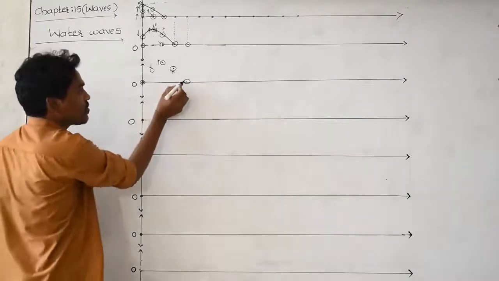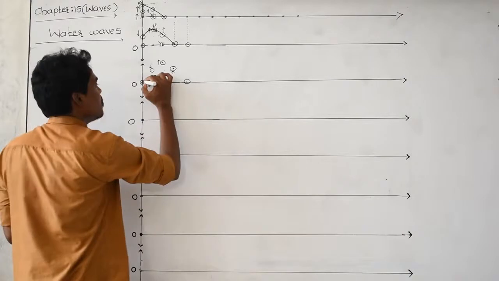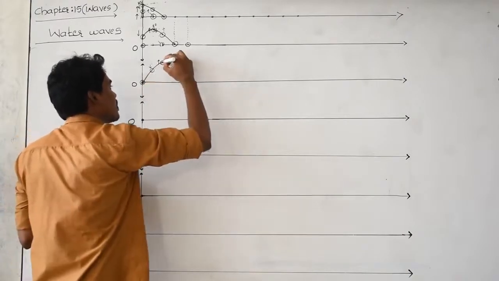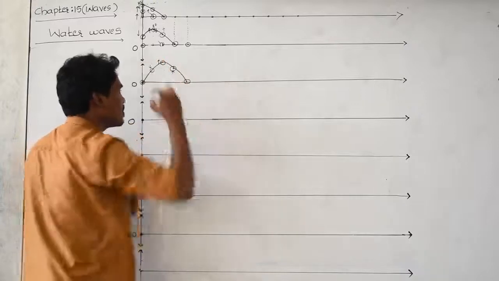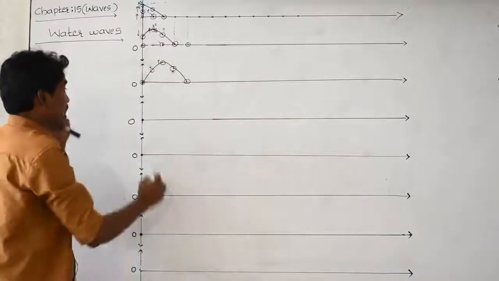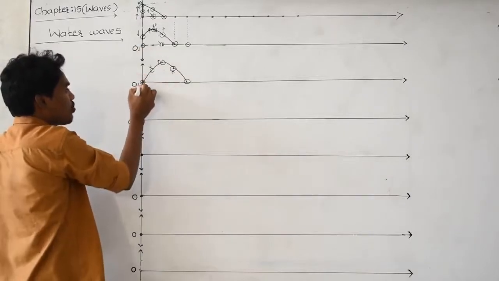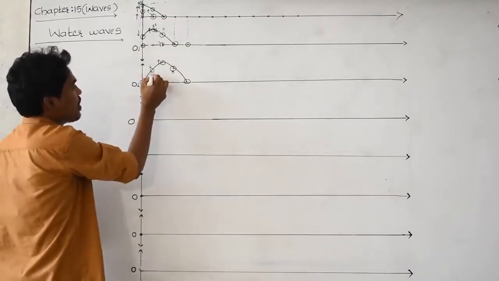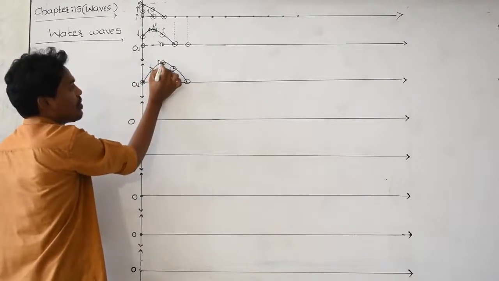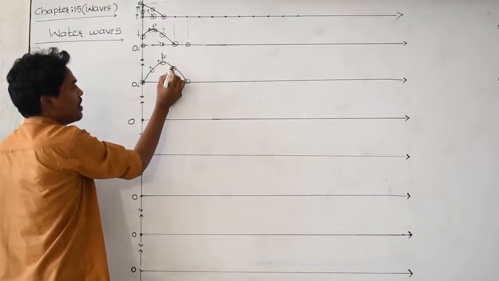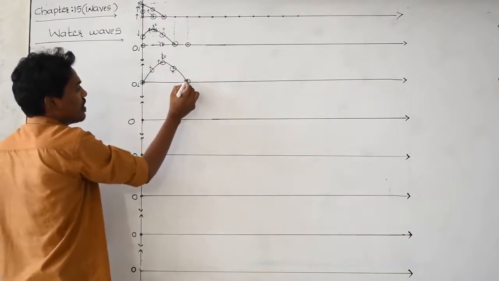And what is the nature of the curve? You just see very carefully. And what is the direction of this particle? The first particle is in downward. This one is also in downward. It has reached the maximum point. Restoring force is acting downward. It is moving up.